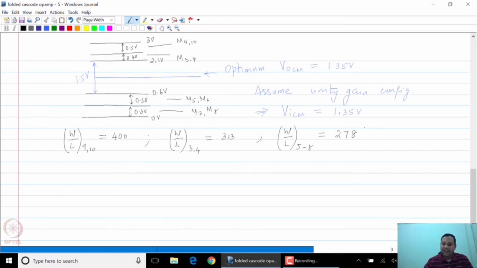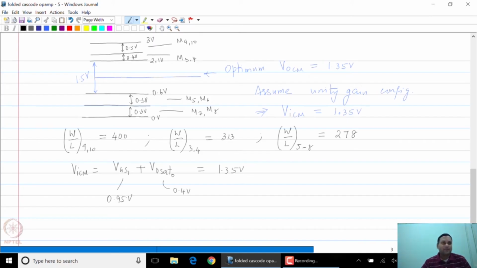Since we have set unity gain, we will say that VICM has two portions. One is the VGS of the input device and the VD-SAT of M0. And this has to be 1.35 volts, and we are going to somewhat arbitrarily say this is going to be 0.4 volts and this is going to be 0.95 volts.